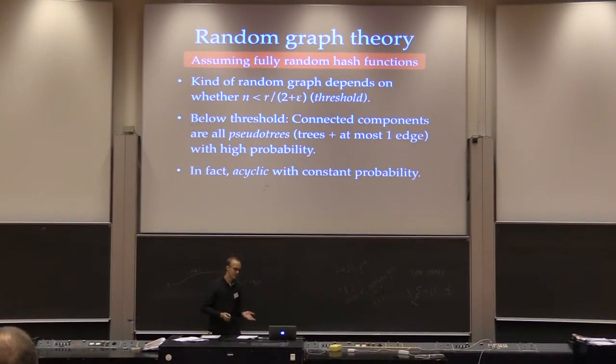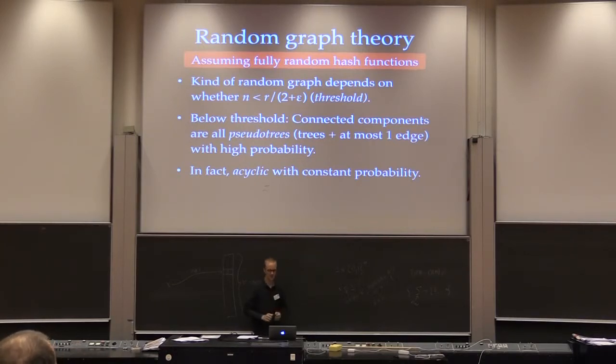So what random graph theory says is that basically the way this random graph is going to look depends on how many edges we have. If the number of edges n is less than half the number of vertices, so n is less than r divided by 2 plus epsilon for some positive epsilon, then we have something that looks like a bunch of trees.